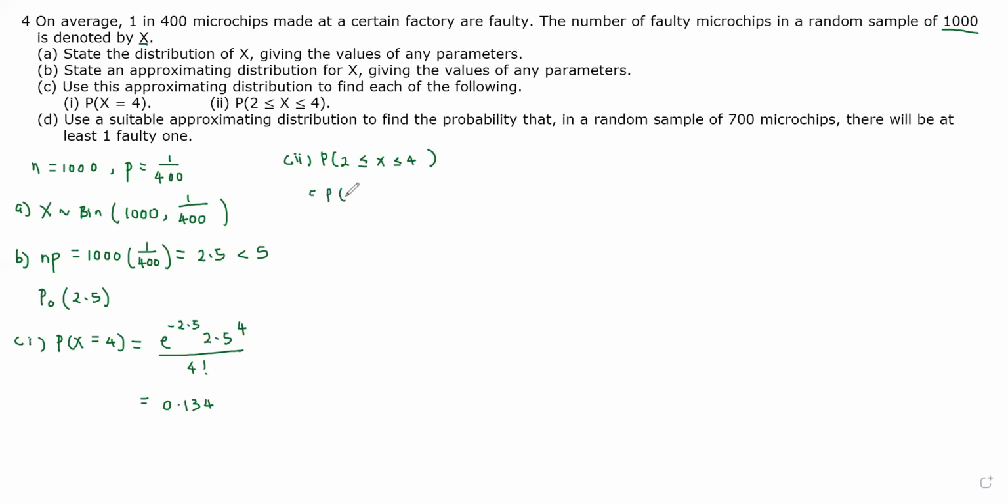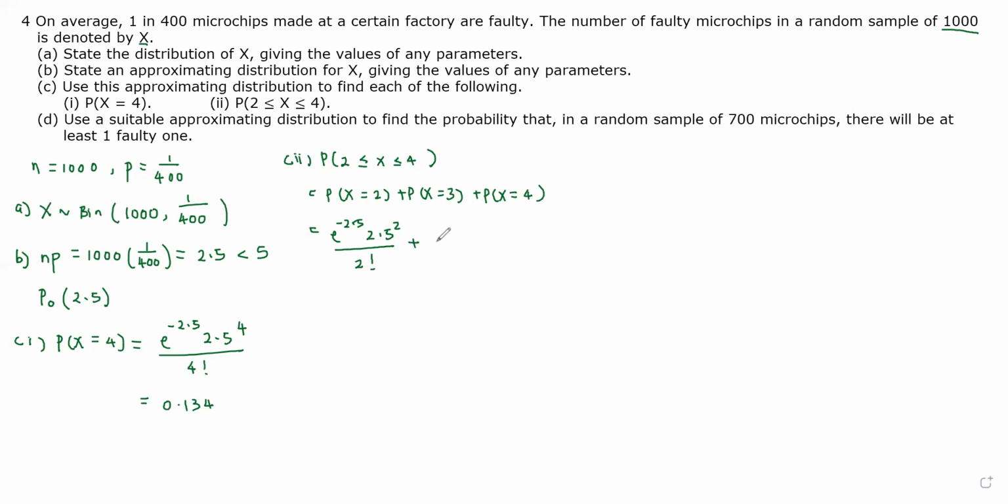C part 2, we find the probability that X is between 2 and 4 inclusive. This is the probability that X equals 2 plus probability X equals 3 plus probability X equals 4. Probability X equals 2 is e to the negative 2.5, 2.5 squared over 2 factorial.